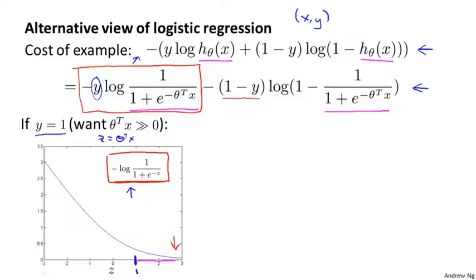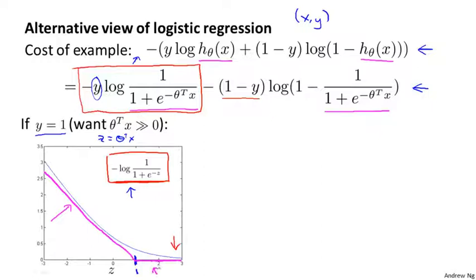The new cost function is going to be flat from here on out, and then I'm going to draw something that grows as a straight line, similar to logistic regression, but this is going to be a straight line in this portion. So the curve that I just drew in magenta is a pretty close approximation to the cost function used by logistic regression, except that it's now made up of two line segments.